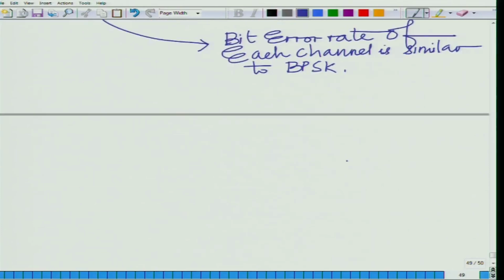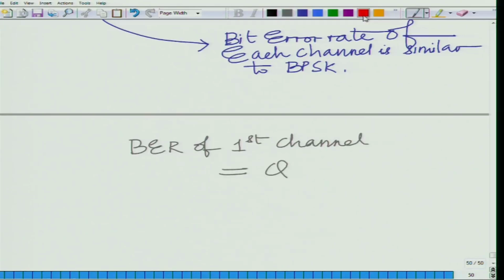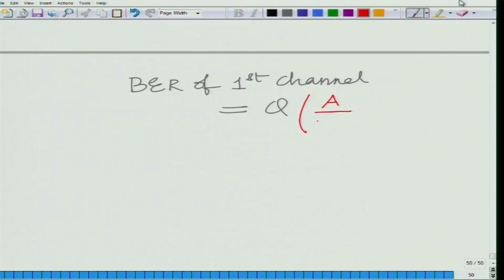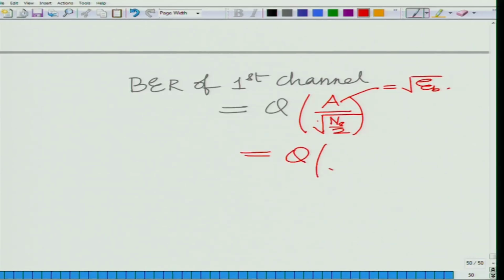So, BER of channel 1 is Q of A divided by sigma, where sigma is square root of N naught divided by 2, and remember A equals square root of EB, which gives Q of square root of 2EB divided by N naught.